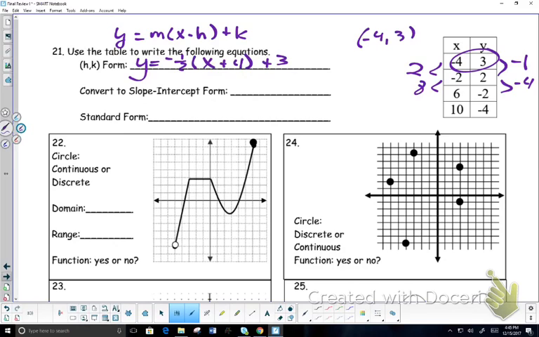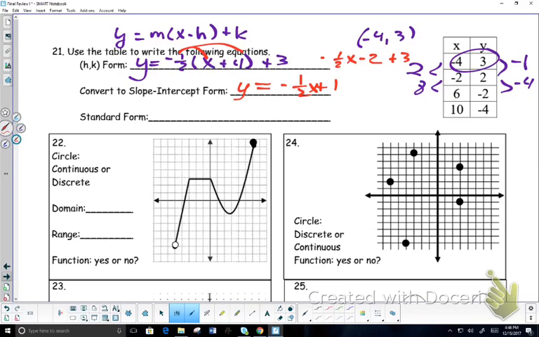Converted to slope-intercept form. I need a little workspace here. I'm just going to do it off to the right. I'll do it in red so it looks a little different. I got negative 1/2 x. I got half of 4 is 2, so I got negative 2. And then I got that plus 3 out there. So our slope-intercept form would be y equals negative 1/2 x plus 1.